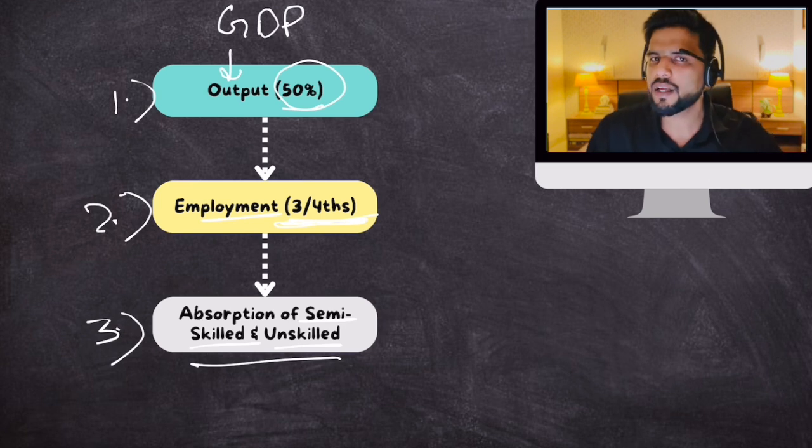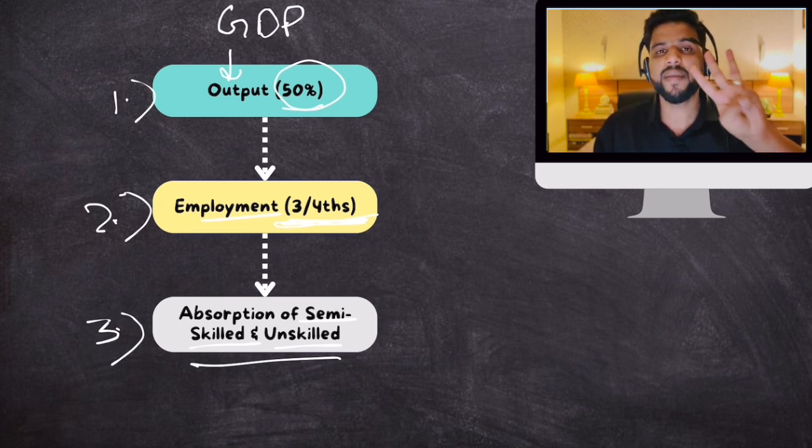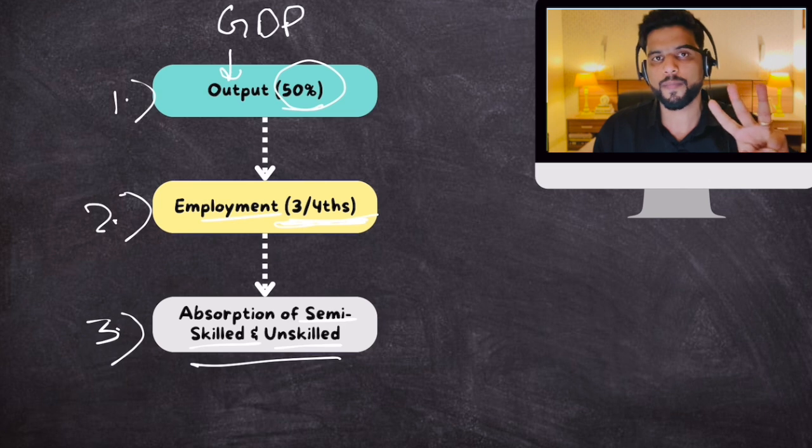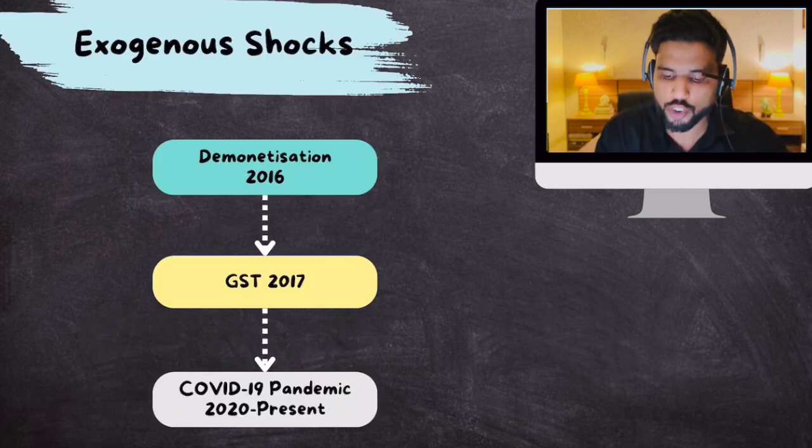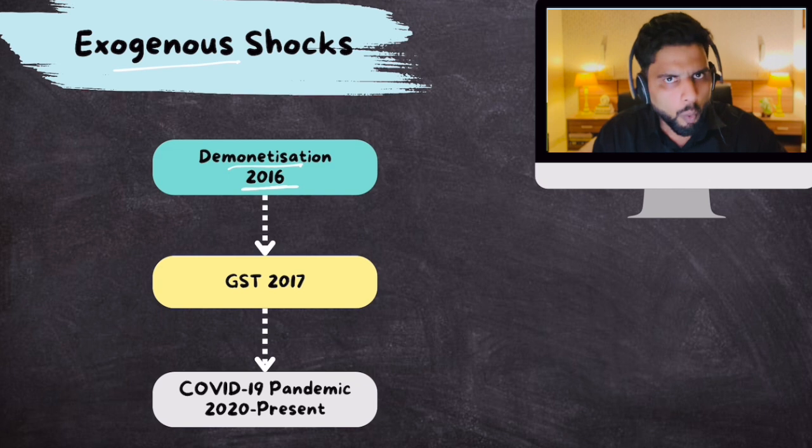But this survey said that the informal sector in India is suffering a lot, and the reason is that in the past 10 years, this sector faced three major external shocks. What are these three main external shocks, also known as exogenous shocks? Number one shock to the informal sector was demonetization in 2016. Why?